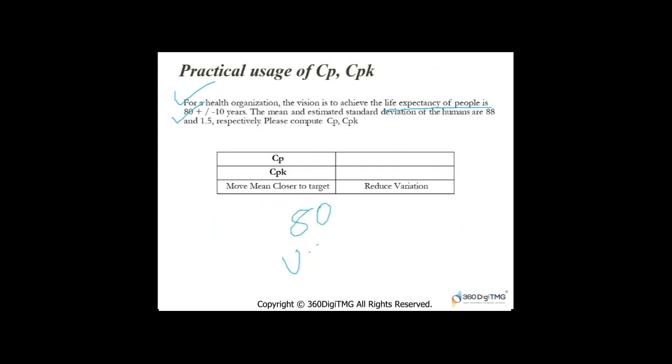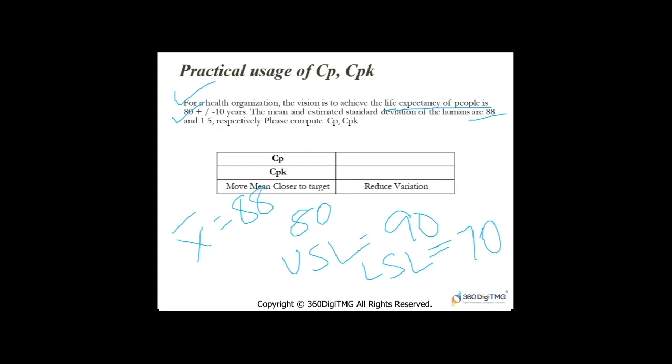Upper specification limit is given as 90, which is 80 plus 10. Lower specification limit is 80 minus 10, which is 70. Mean is given as 88. So X bar is given as 88. And the standard deviation is given as 1.5.